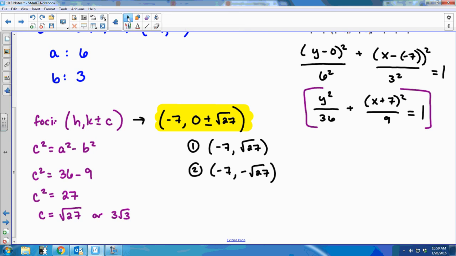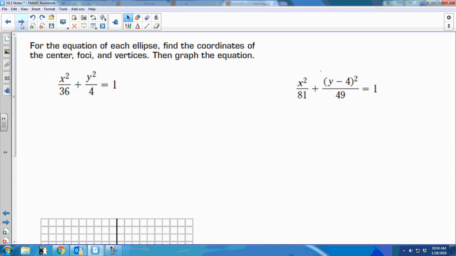All right. So now we're going to do one example from learning target 7 for the first part. All right, learning target 7 says that you should be able to take an equation in standard form, and then you should be able to find all the information from it and graph it. All right, I'm going to do this example today.